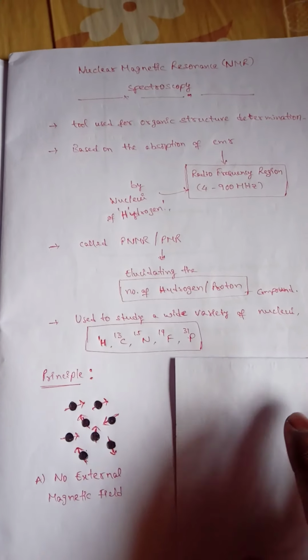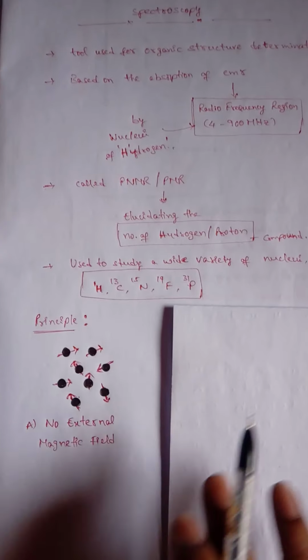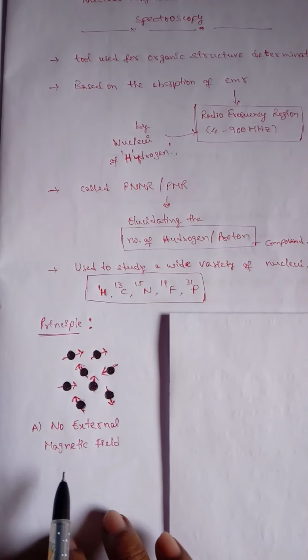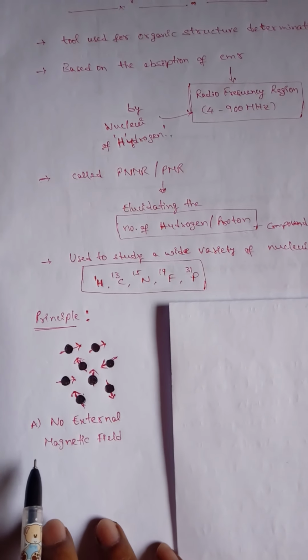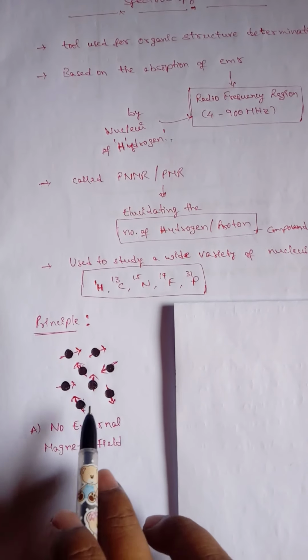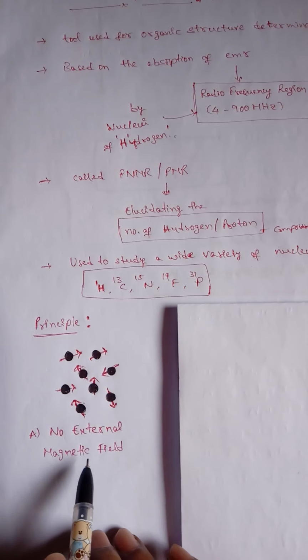Next, let us come to the principle. Here we have two diagrams given. In the first one, A, diagram A represents the nuclear spins that are different when there is no external magnetic field.